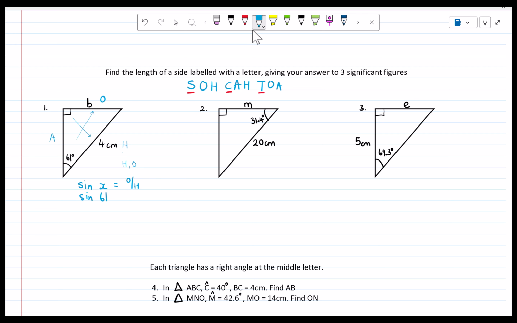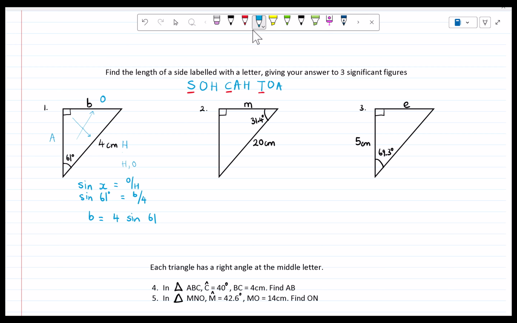So sine 61 is equal to our O, which is B, over our H, which is 4 centimeters. To find B, we multiply both sides by 4, and on the right-hand side we remain with only B. Hence B is equal to 4 sine 61.